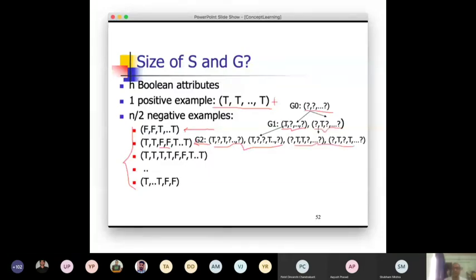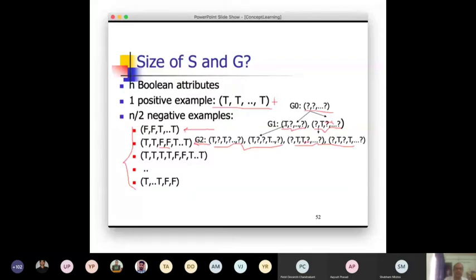Is it clear? Sir, can you repeat? Yes, sir. See, these two question marks need to be replaced by one T question mark and question mark T, to take care of these 2F, so that the 2F gets rejected. And you go on doing this.